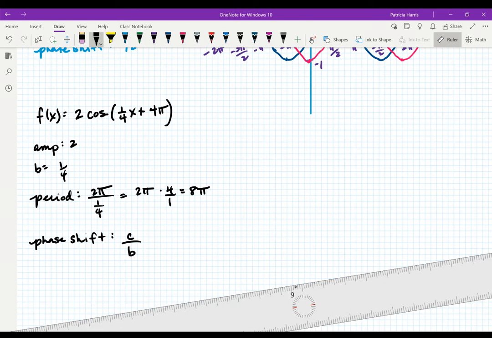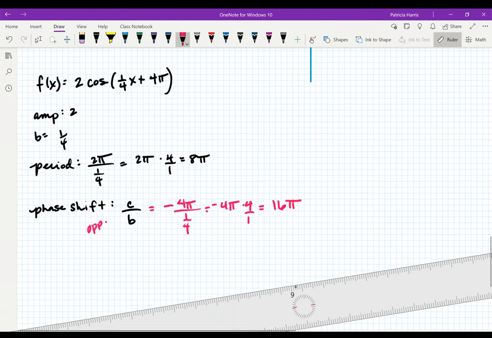So I know it's going to be opposite of whatever I've got. So my phase shift is going to be negative 4 pi divided by 1/4, which is 4 pi times negative 4 over 1, 16 pi. Oh my goodness. Okay, it's a huge phase shift. Okay, so we can do this. This is going to be a fairly large graph, at least for me.